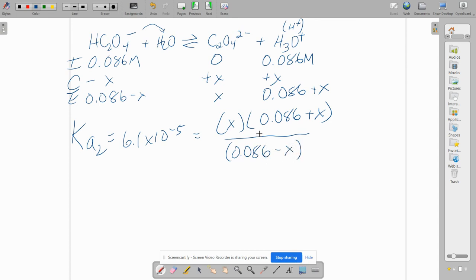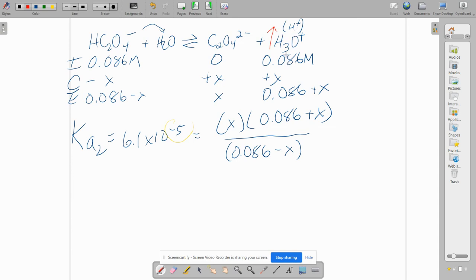Okay, now here's where some really interesting things happen. So let's talk about this K value. 10 to the negative fifth, that is definitely a very small K value. So what that means is that this reaction is not going to proceed very far in the forward direction. And I'm going to add to that, what about the presence of the H3O plus or H plus?